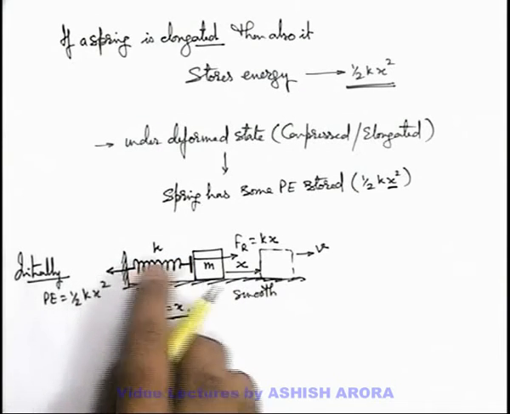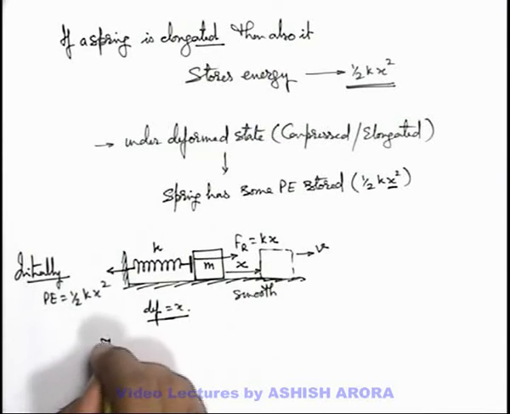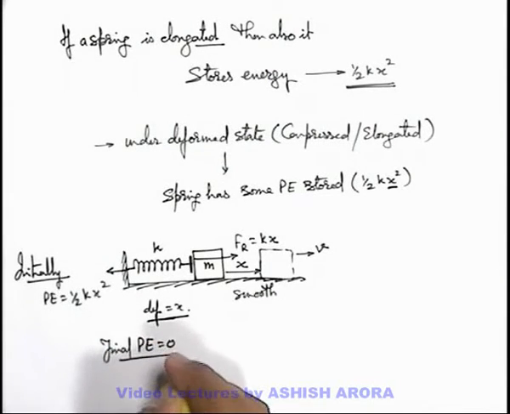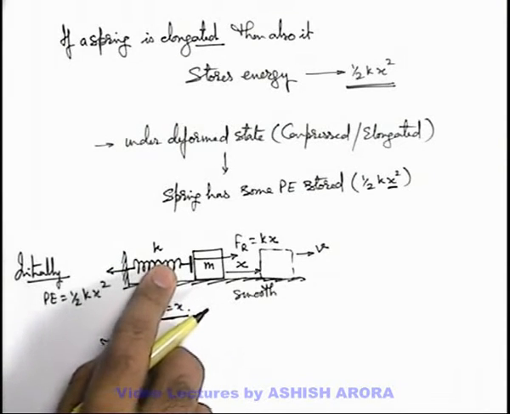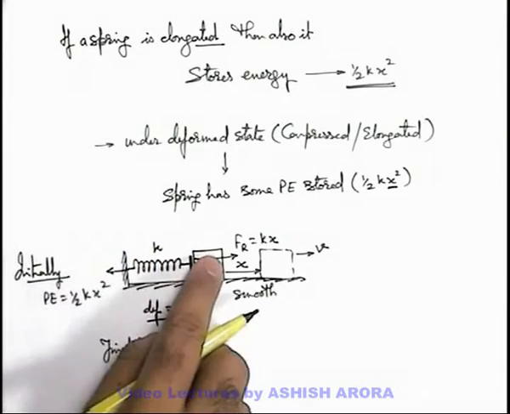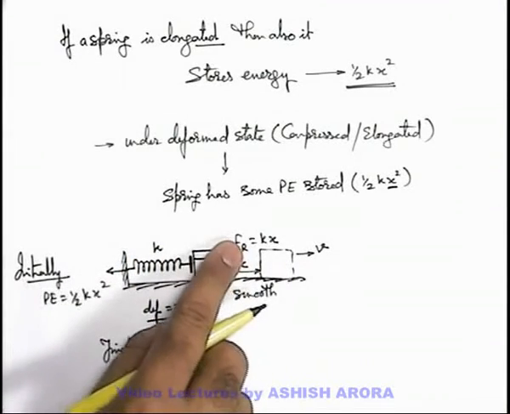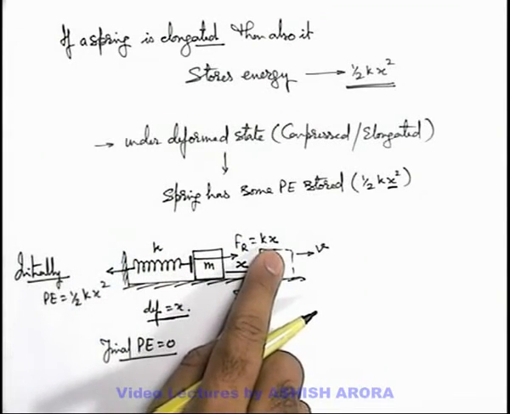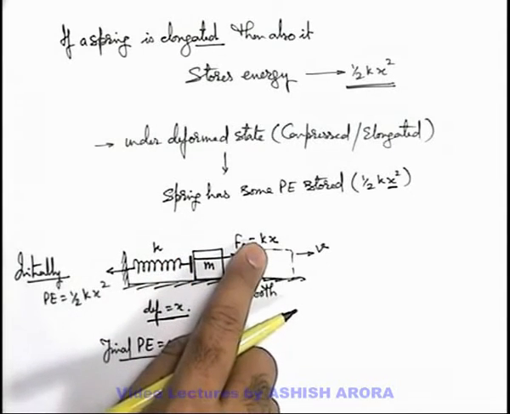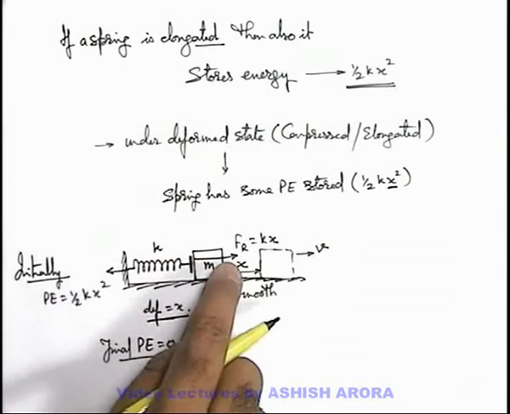So when the spring is in natural length, the final potential energy of the spring will be 0, and the whole of the energy is supplied to the block. It has done work on the block in displacing it by its own restoring force kx.